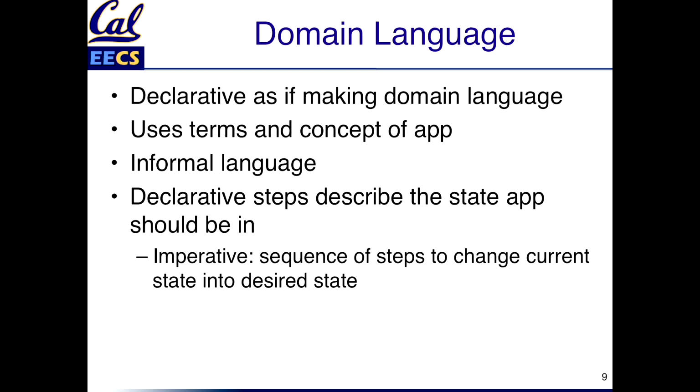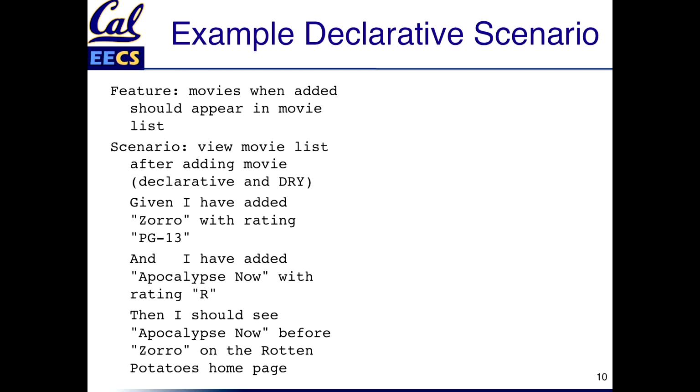So here is how a declarative version of the scenario for keeping things in alphabetical order might look. The feature is the same: view the list after adding a movie. Given I have added Zorro with a rating, that's just describing the state that I want it to be. And given I've added Apocalypse Now with a rating, then I should see Apocalypse Now before Zorro.